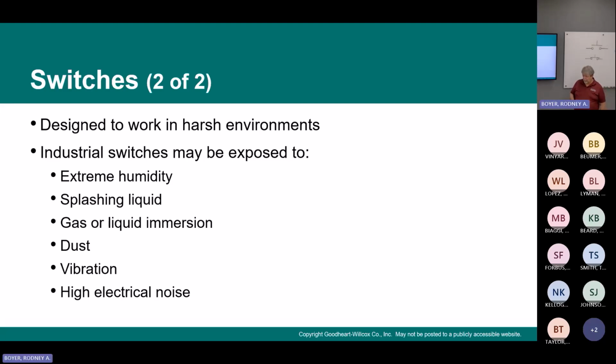Okay. Industrial switches, they're talking specifically about industrial switches when they say they're designed to work in harsh environments. The ones that are like slipping, like press over the buttons and stuff like that. Those are for really harsh environments. Wet environments.